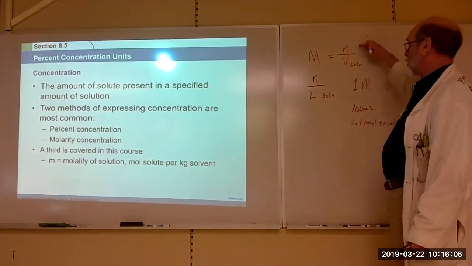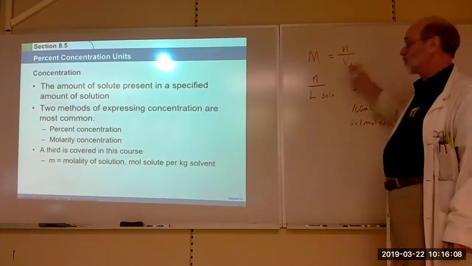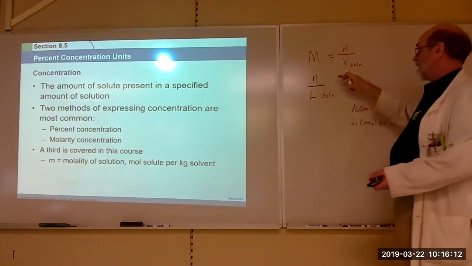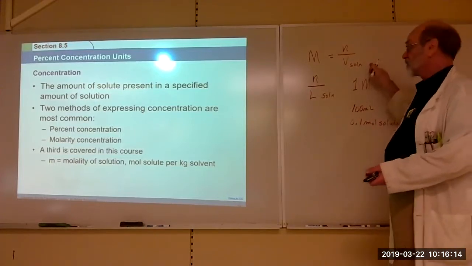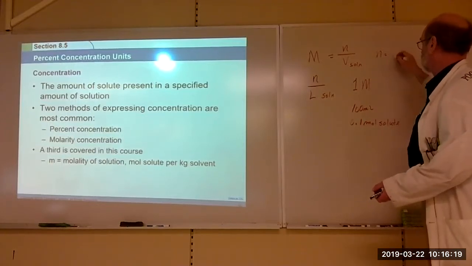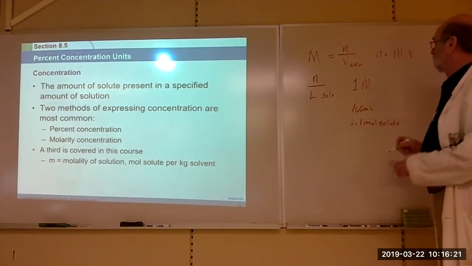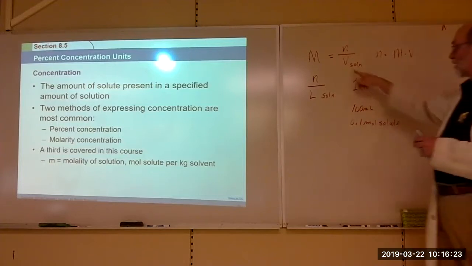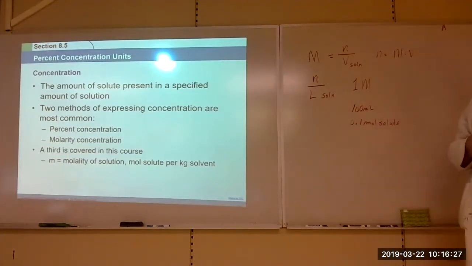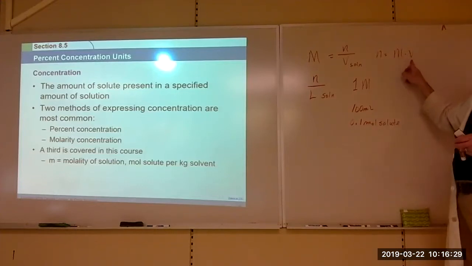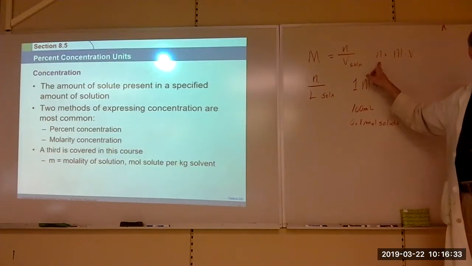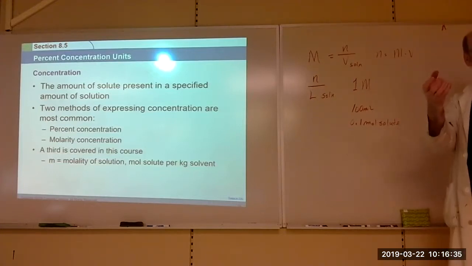If you know how many moles are in your liter of solution, you can calculate molarity. But if you're given molarity, and you know the volume that you possess, how do you find the moles? Well, you solve for n. Just multiply M times V. This one goes over here. M times V equals the number of moles. So if you know these two, molarity and volume in liters, then you can calculate the number of moles that you have in that volume.